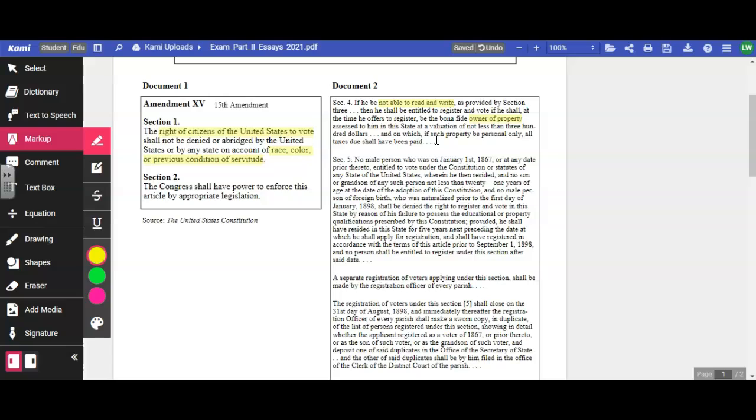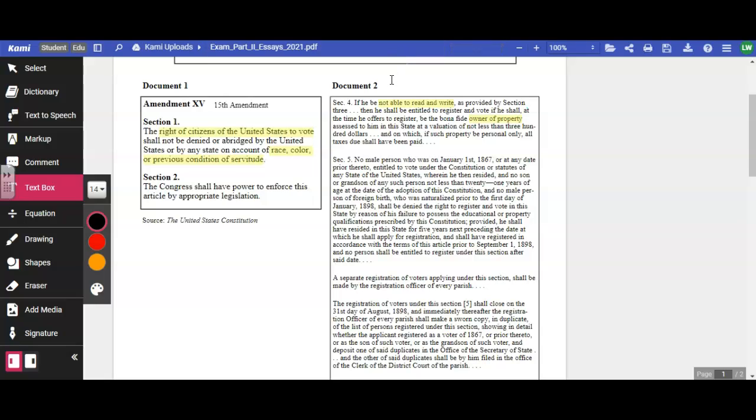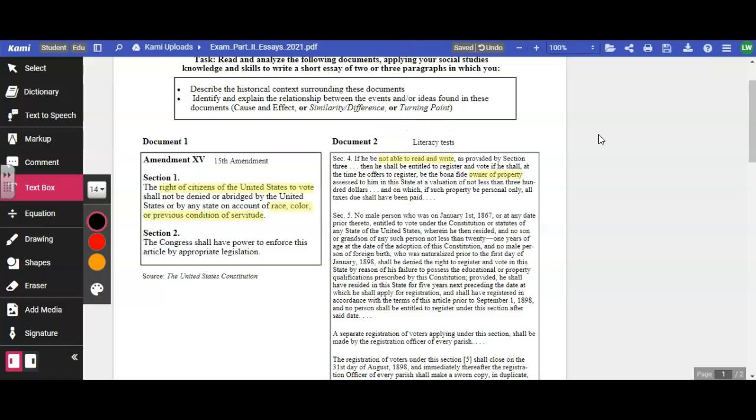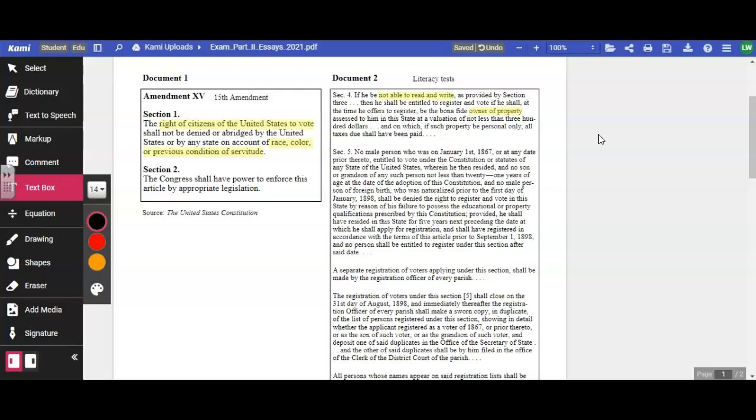So if you could not read or write, then you were going to be denied the right to vote. We know this as literacy tests. So we have these literacy tests, and then they say, but if you own property, you're fine. I want you to take a second and really think about what group of people in the United States might be targeted by something like this, where they might not be able to read or write and might not own property, so therefore they cannot vote.